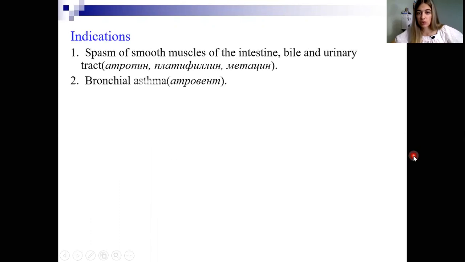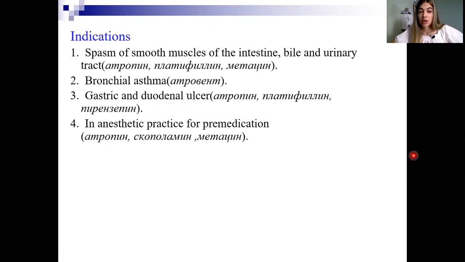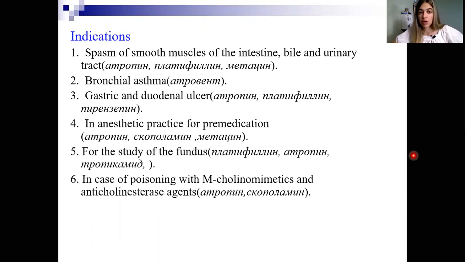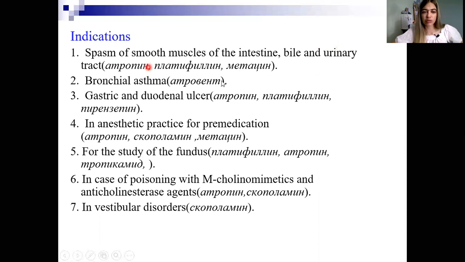The indications of these drugs. For example, they can be used in spasm of smooth muscles, different, intestine, bile, urinary tract, and so on. Also for bronchial asthma, I already told you that we can dilate the bronchi by using these drugs. The gastric and duodenal ulcer. Why? Because they reduce the secretion of the glands, and if we have less HCl, we have less irritation of the mucosa.